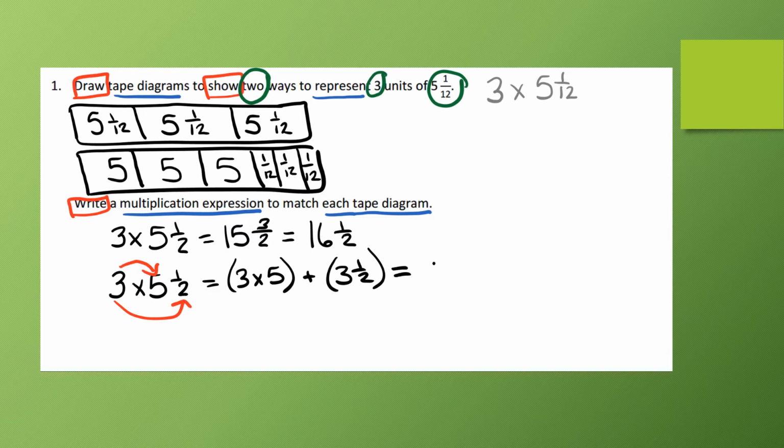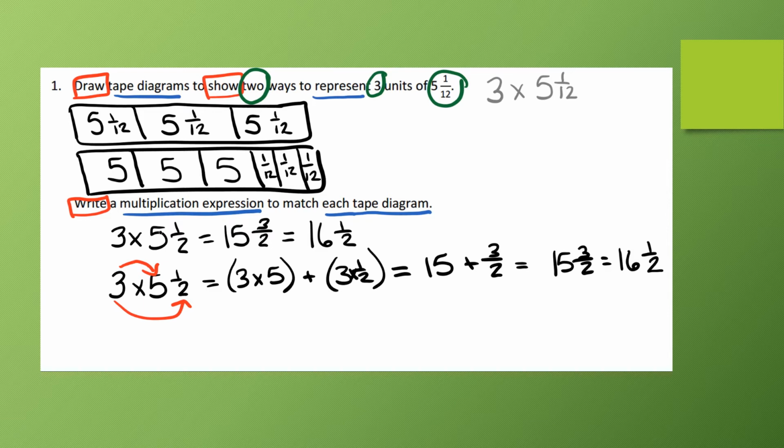If I do it that way, I have 15 plus 3 halves, which would be 15 and 3 halves, which when we change it would be 16 and 1/2. So either way, we get 16 and 1/2.